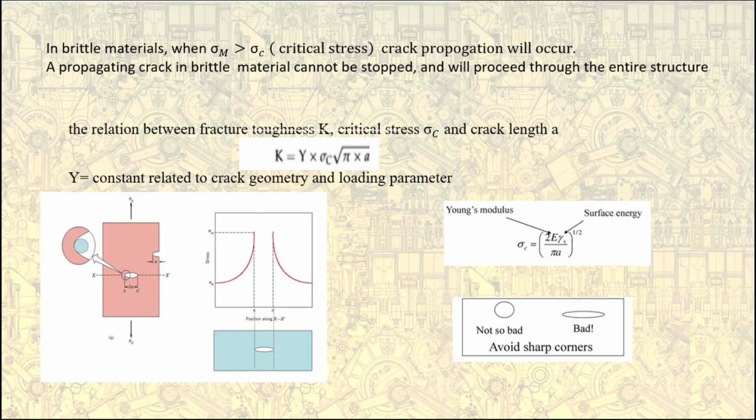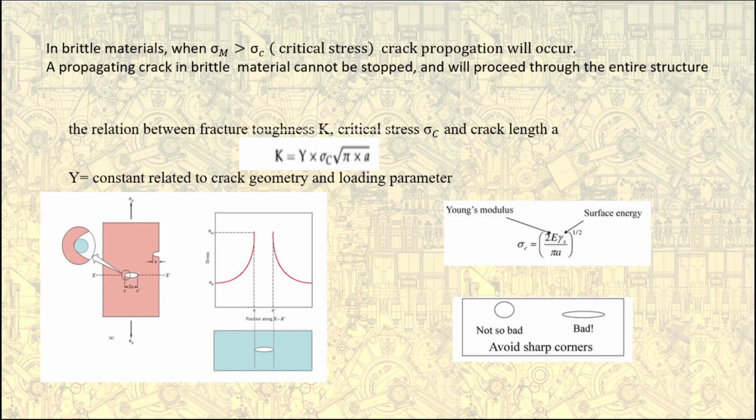There is a formula to find critical stress, as shown below. There are two figures: on the left is the geometry of surface and internal cracks, and on the right is a schematic stress profile of an internal crack along line X and X apostrophe.